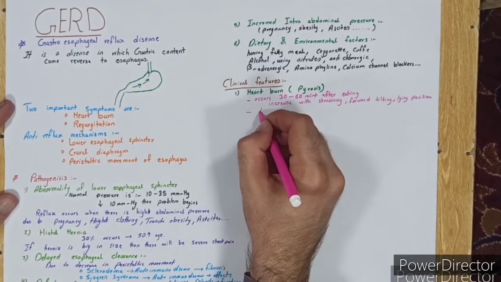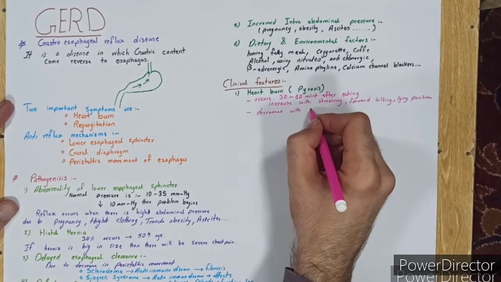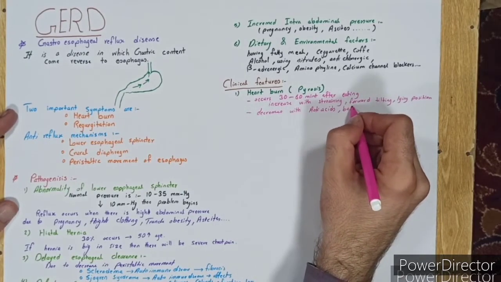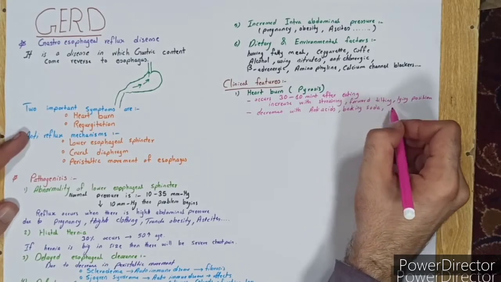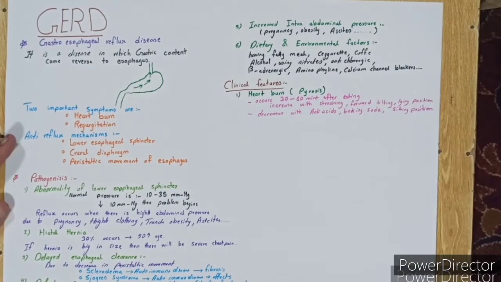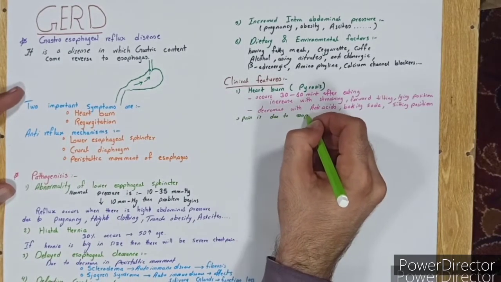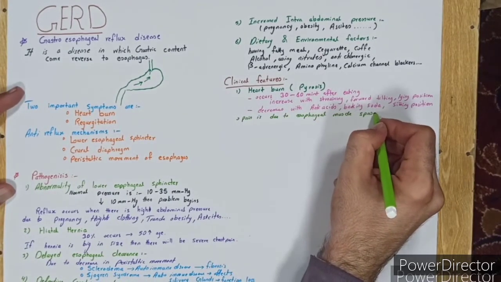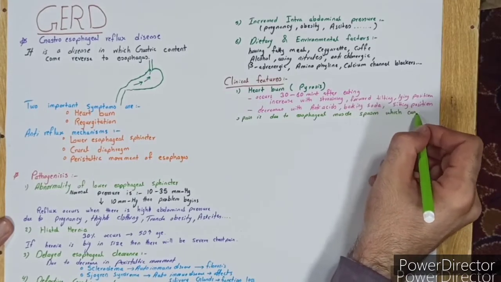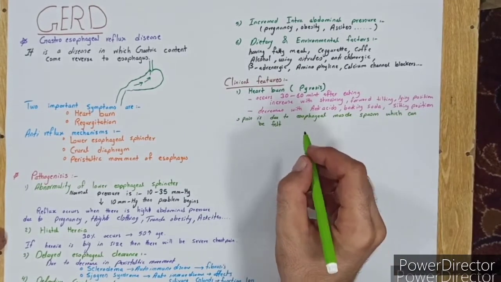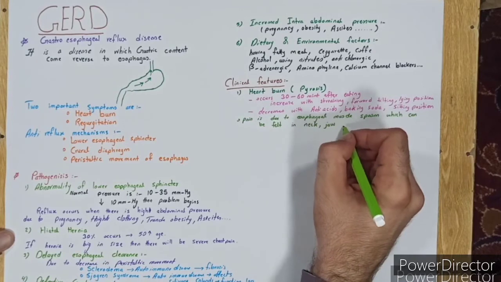And it decreases with antacid, baking soda, and in sitting position. Pain is due to esophageal muscle spasm, which can be felt in the neck, jaw, and at the back side.